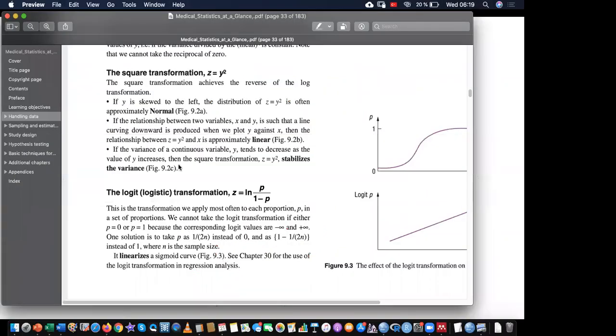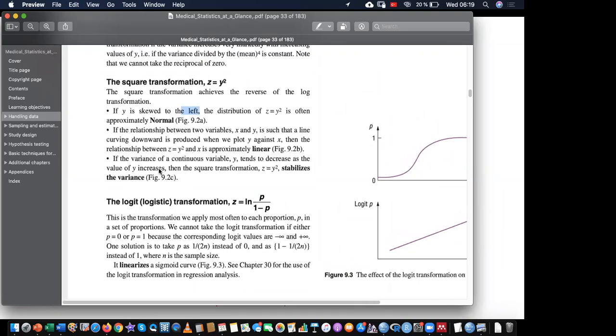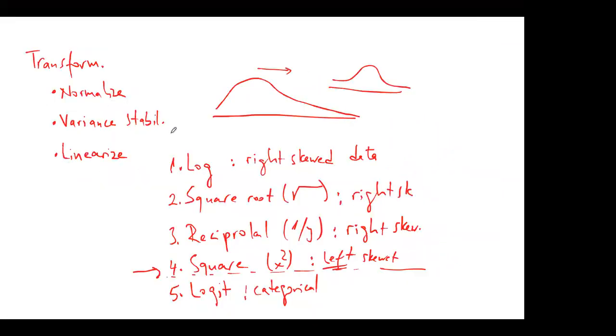Just keep in mind, if y is skewed to the left, the square transformation may help you, not 100%, but may help you to normalize it. It also helps to linearize and stabilize the variance. As with all other transformations, they help you to normalize, to linearize, and to stabilize the variances.